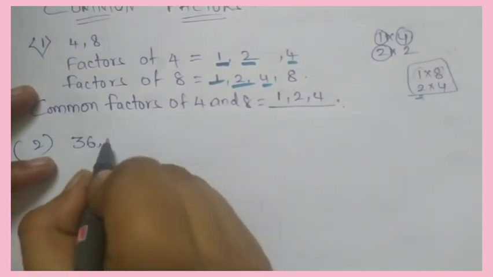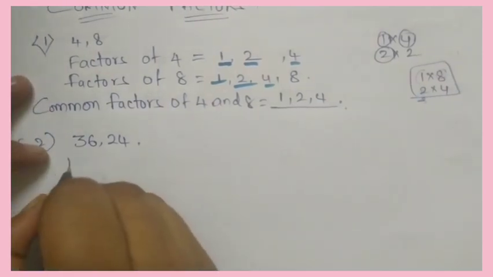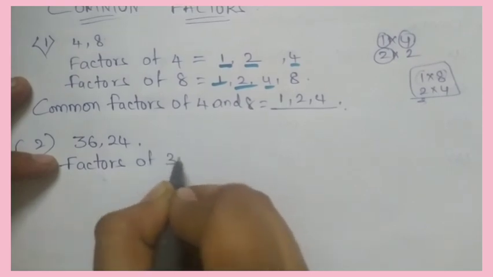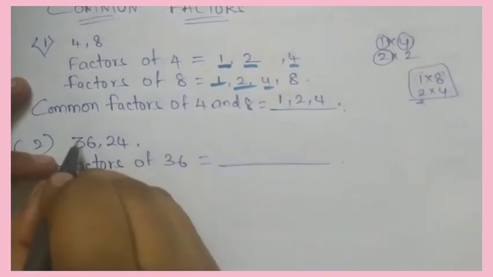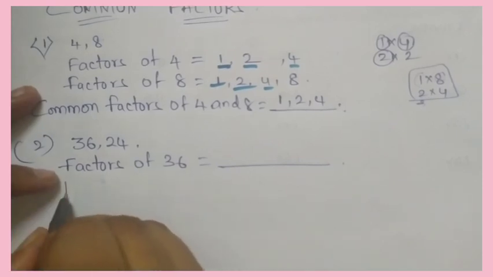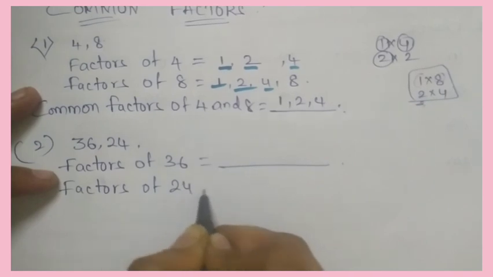36 and 24 are there. Here we have to find common factors. So first we will write the factors of 36, then we will write the factors of 24.